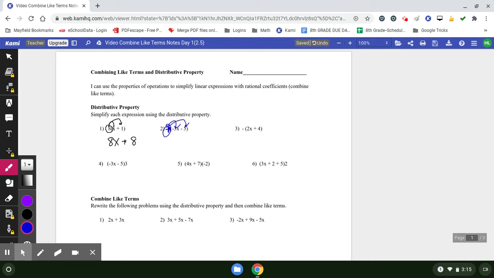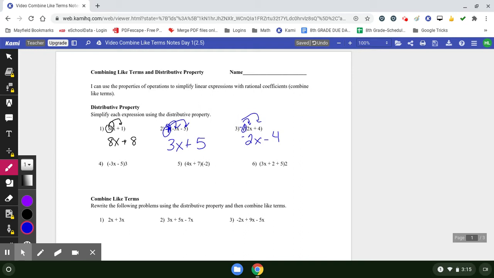Negative 1 times negative 3x is 3x. Negative 1 times negative 5 is positive 5. Number 3, same thing. I'm going to distribute negative 1, and that becomes negative 2x. Negative 1 times 4 is negative 4. So those are a review of the distributive property.